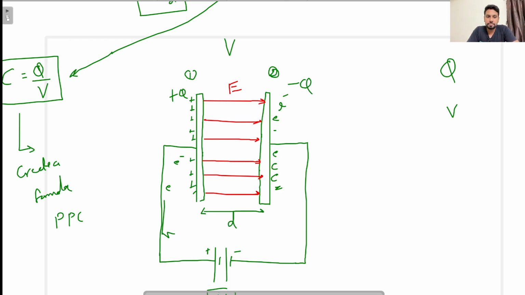I hope this concept is clear. You will never forget the concept of capacitance which I showed you today. My target is to make difficult concepts in physics very simple for you, be it 9th, 10th, 11th or 12th grade. No physics is going to be tough for you.